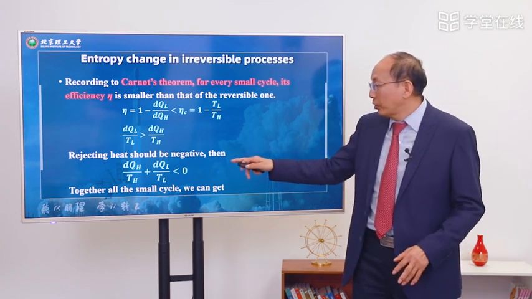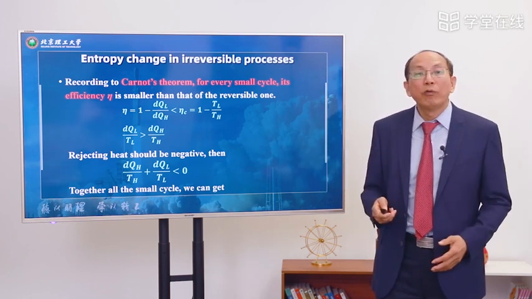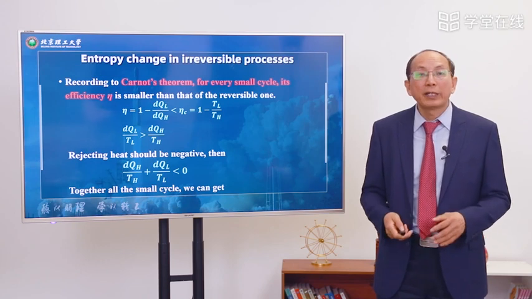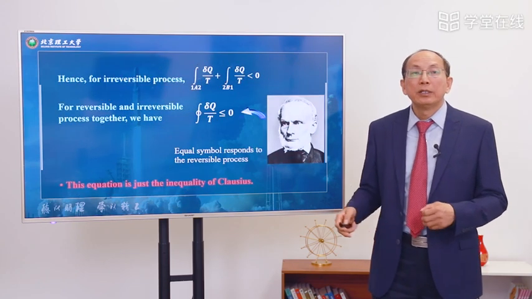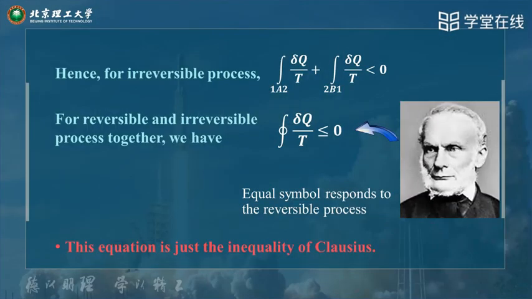From this equation, taking all the small cycles together, for the irreversible process we obtain the integration from 1A2 of delta Q over T plus the integration from 2B1 of dQ over T, together certainly smaller than 0.